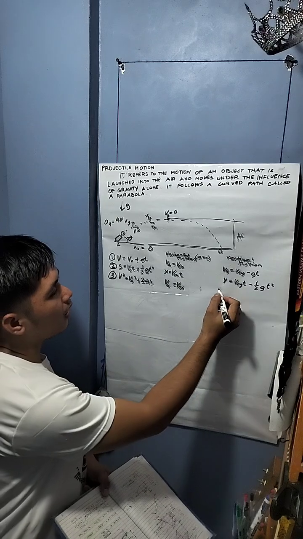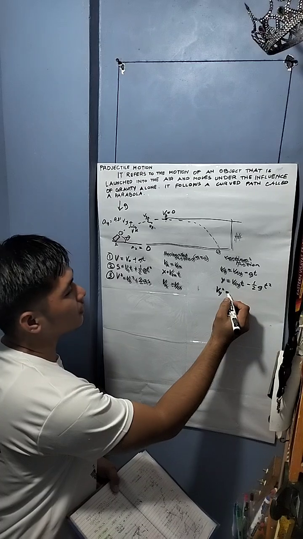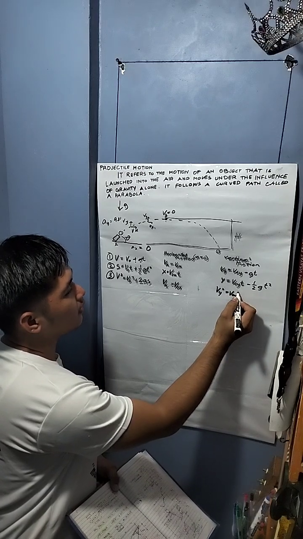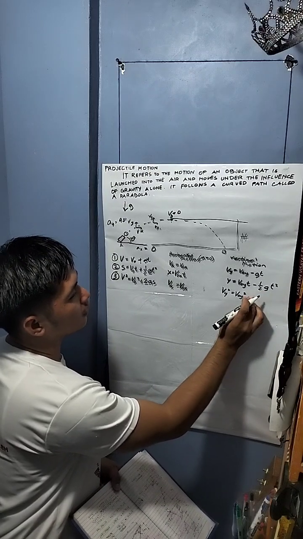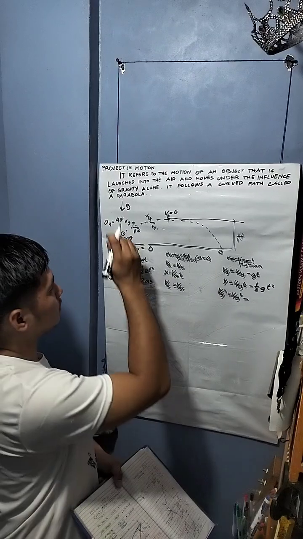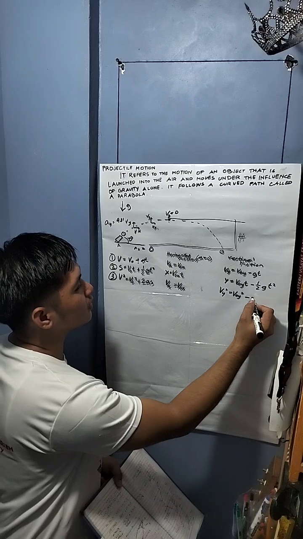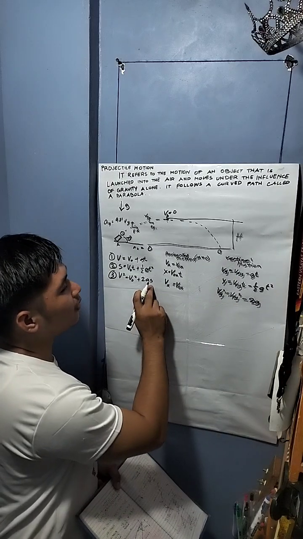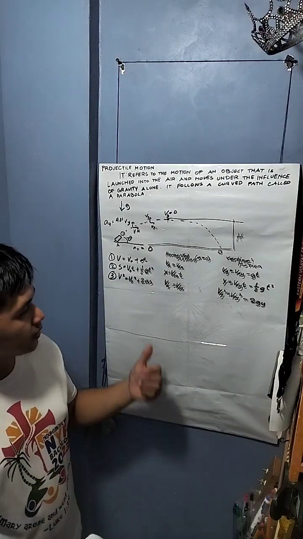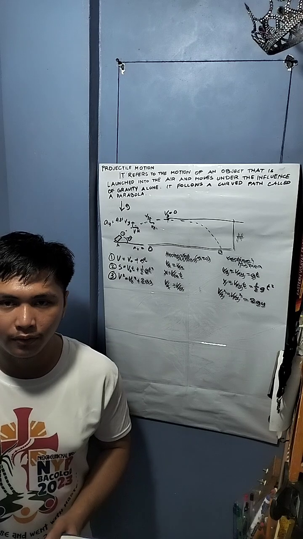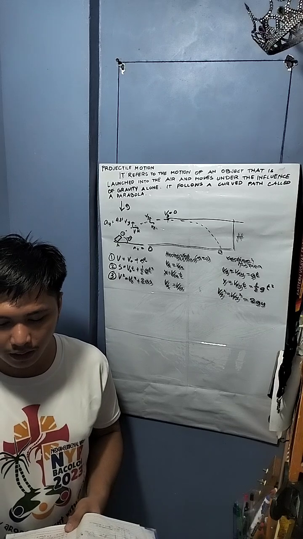And here we have Vy squared equals V naught y squared minus 2 gravity times y, since our object is moving against gravity, and our s will become y. So these are the key formulas that we have in our projectile motion.